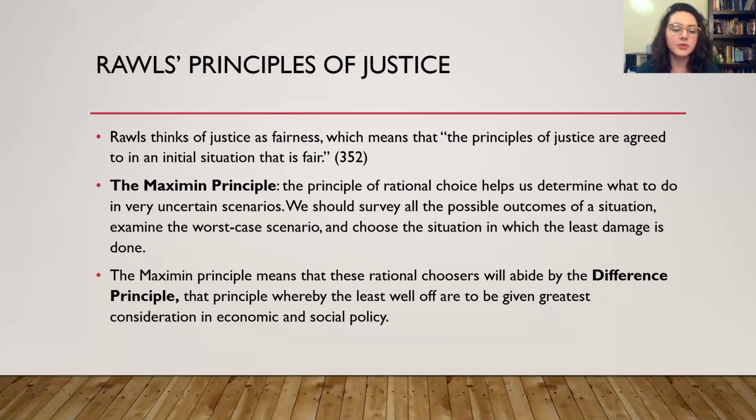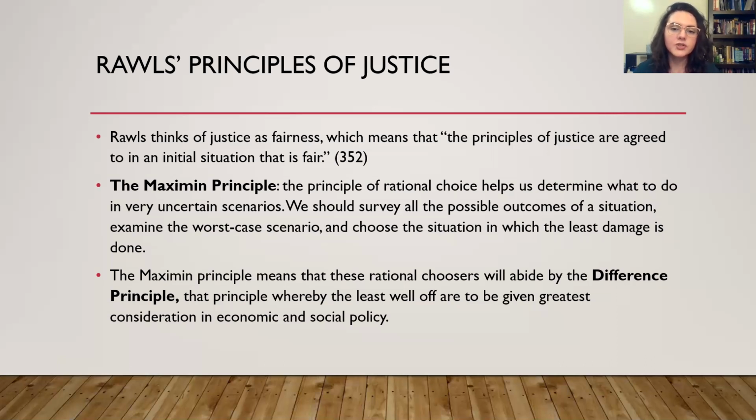Now, the maximin principle means that the rational choosers will abide by the difference principle. And the difference principle is that principle whereby the least well off are to be given the greatest consideration in economic and social policy. So you can think about it like this.